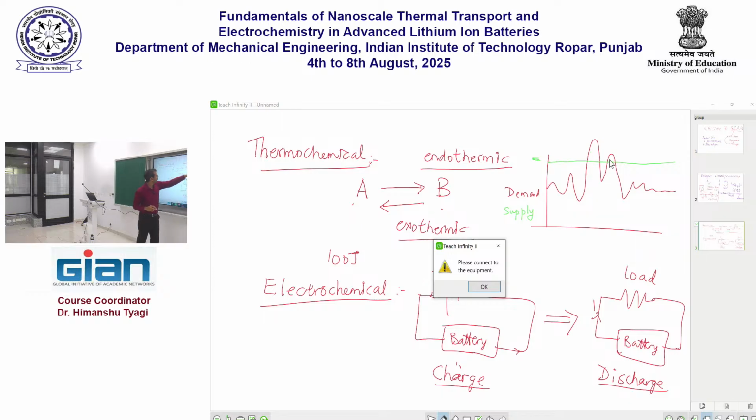So I hope you can connect this with this. I have extra energy available to me. I can convert it into chemical energy stored inside the battery, so that later on I can use the same battery and produce electrical energy back to me. Okay?